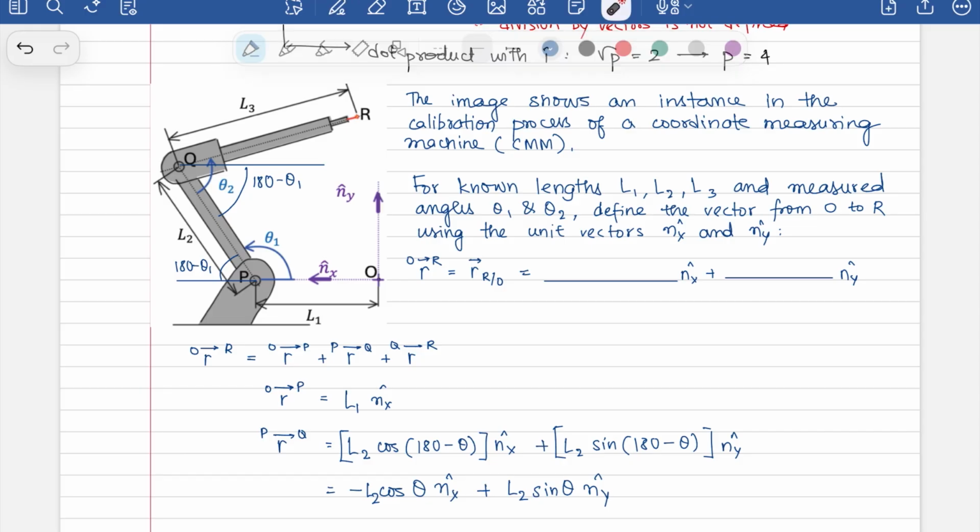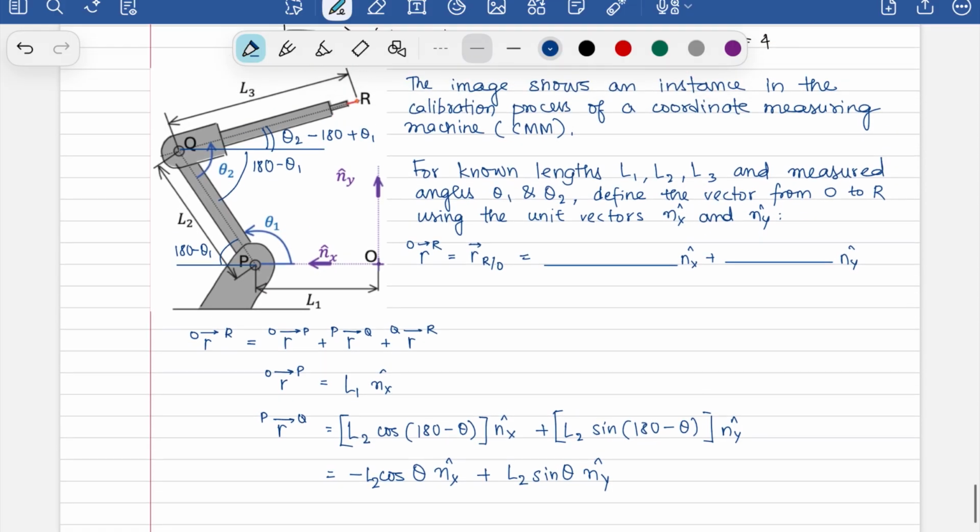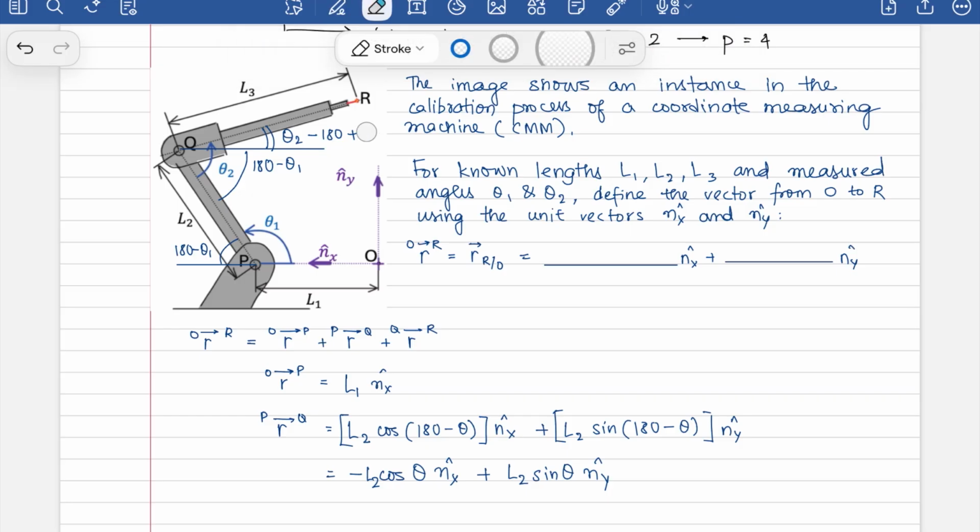So this is 180 minus theta 1, and this much is theta 2. So what then is this angle here? It will be theta 2 minus this angle. So it's theta 2 minus 180 plus theta 1. Or I can rewrite that angle as theta 1 plus theta 2 minus 180.